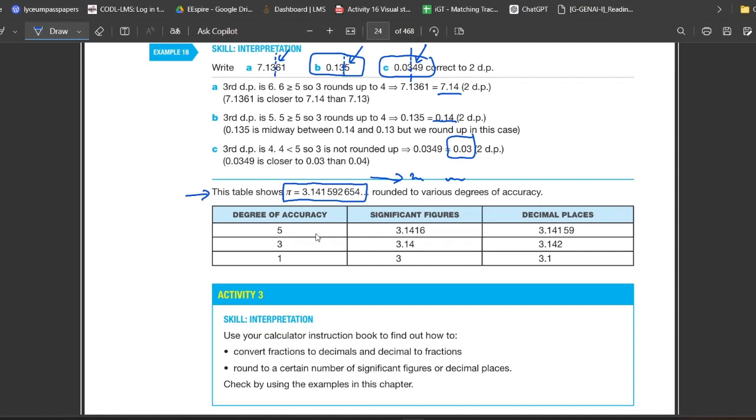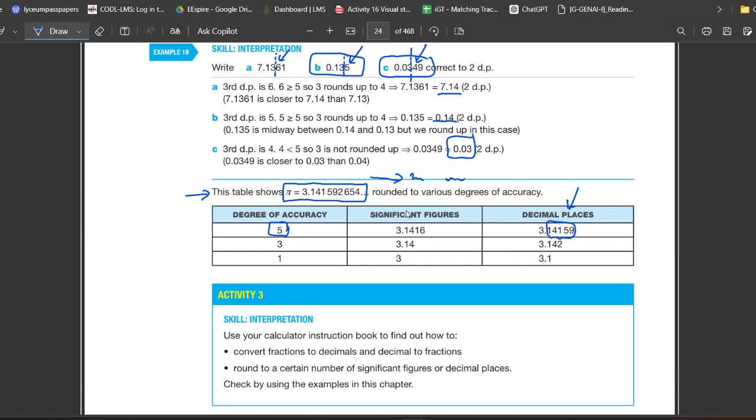If we use this to various degrees of accuracy, if we use 5 significant figures, we have to have 5 numbers. And if we use 5 decimal places, we have to have 5 digits after the decimal place.